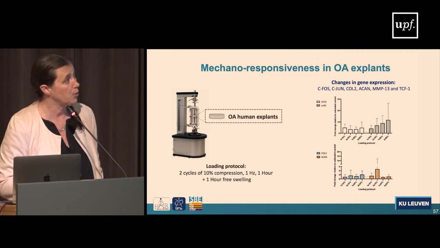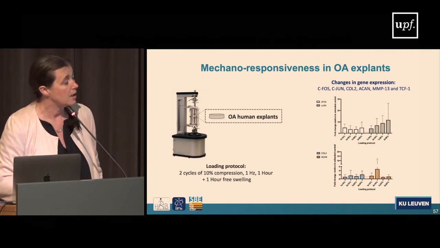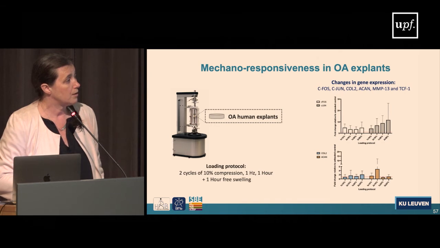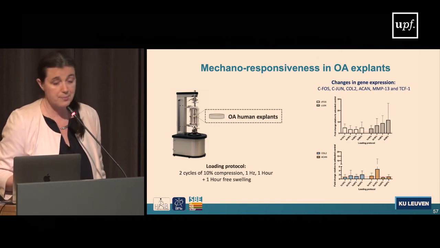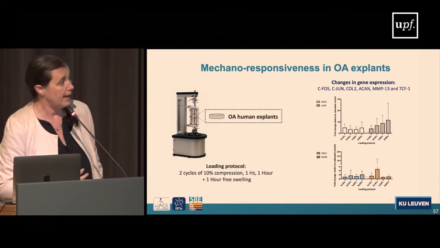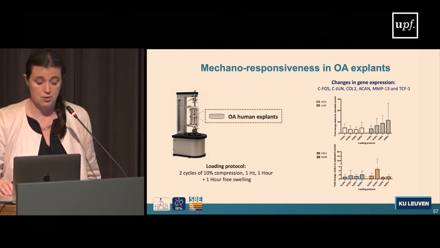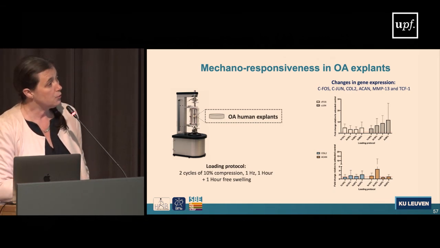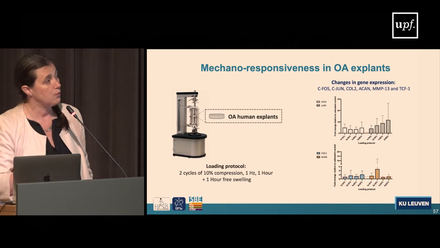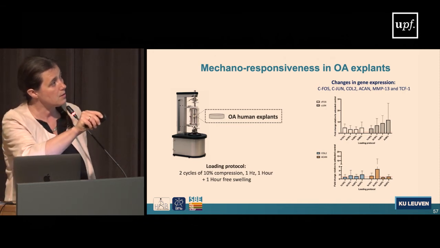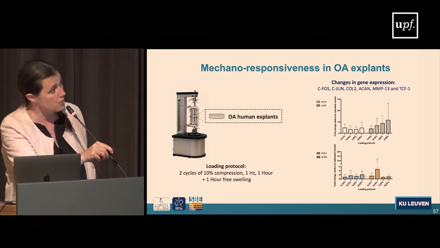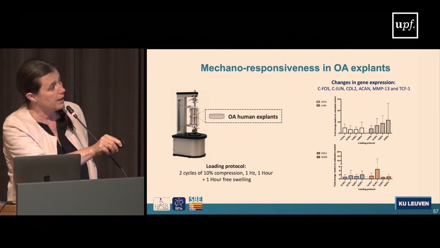And at the moment, it seems that in our hands, a loading protocol of 10% compression applied for 1 hour and then followed by another session of loading is the good protocol in order to tap into the mechanical pathways. So you see, for instance, the response of c-Jun here in gray on the top graph.